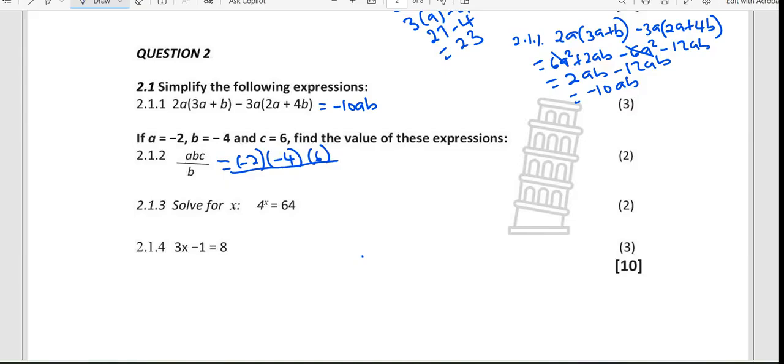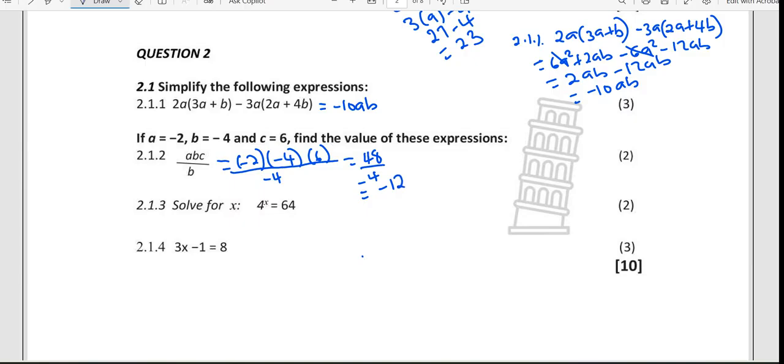Everything divided by B, negative 4. Then we multiply now. Negative 2 times negative 6 times 6 is going to give me 48. 48 divided by negative 4, and the answer is going to be negative 12.